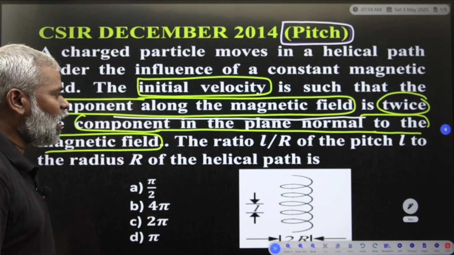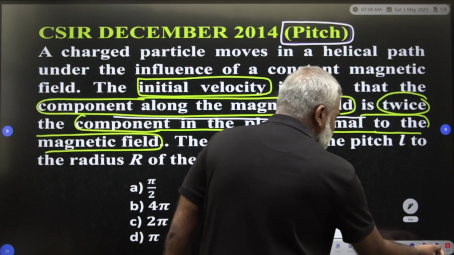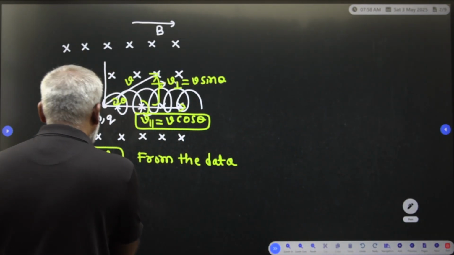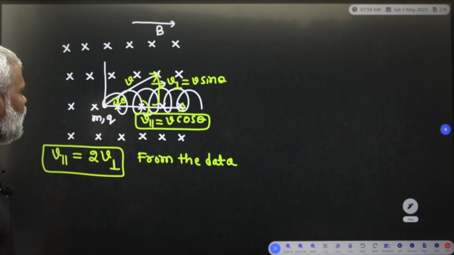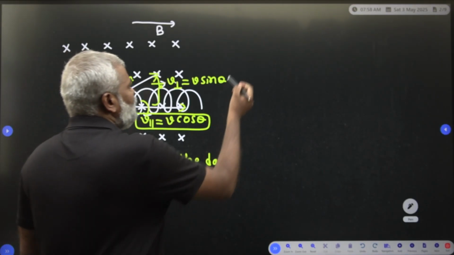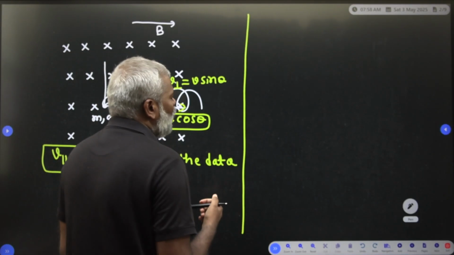So, we write v parallel is equal to 2 into v perpendicular.